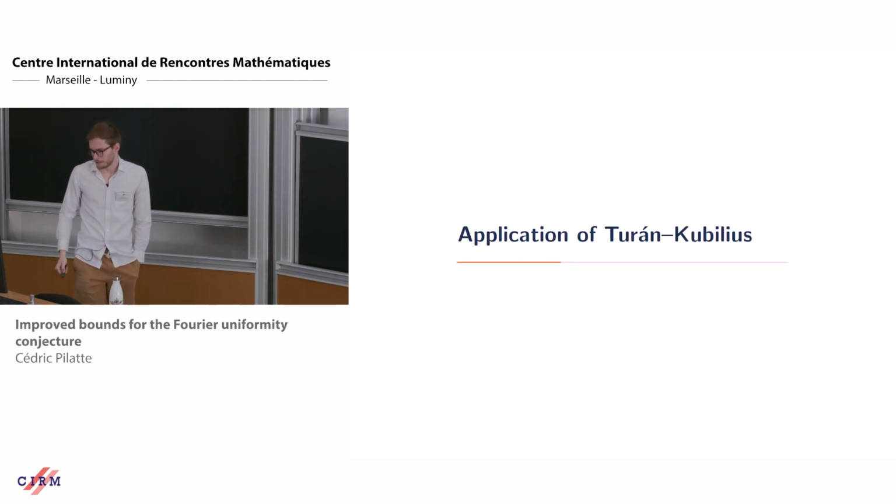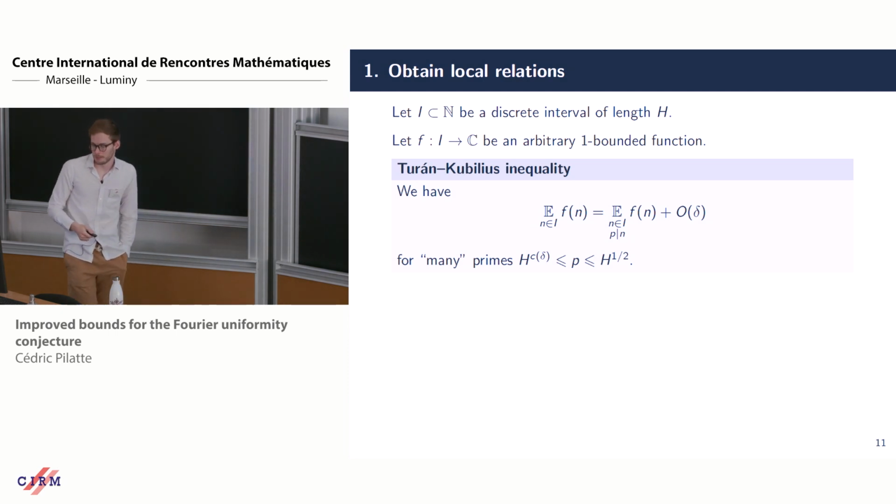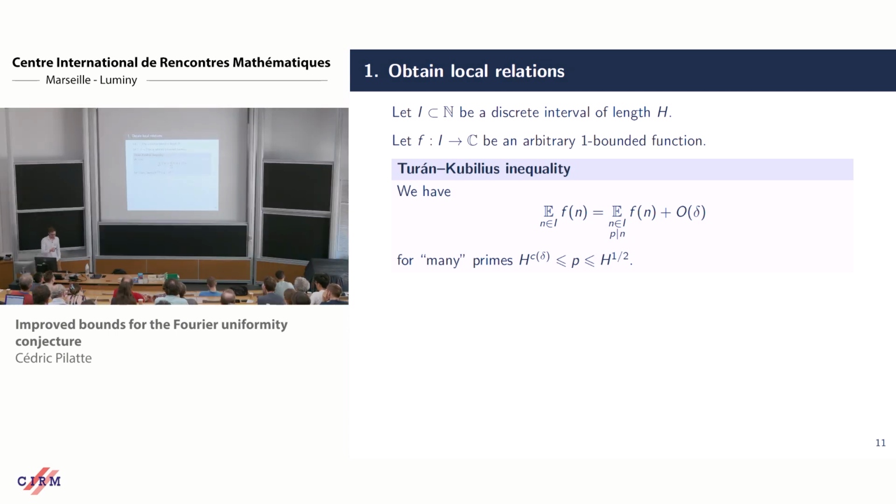So let me tell you about the first step, which is the application of the Turán-Kubilius inequality. Here is a rough statement of it. You have a 1-bounded function f, which is completely arbitrary, defined on an interval of length h.